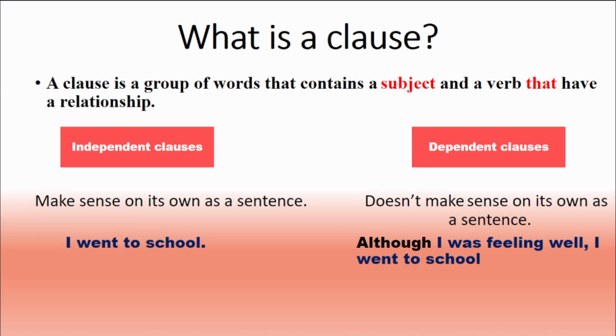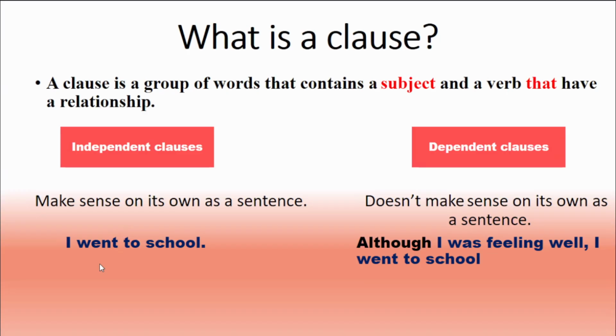එතකොට ඔයාලට තේරෙනවා ඇති independent clause කියන්නේ it may give the idea on its own, make sense on its own. කියන්නේ I went to school. මේකේ තියෙනවා subject එකයි verb එකයි දෙකම, ඒ වගේම complete thought එකක් අපිට ගන්න පුළුවන්. ඒව තමයි independent clause එකක් කියන්නේ. I went to school කිව්වහම we can get a clear idea.